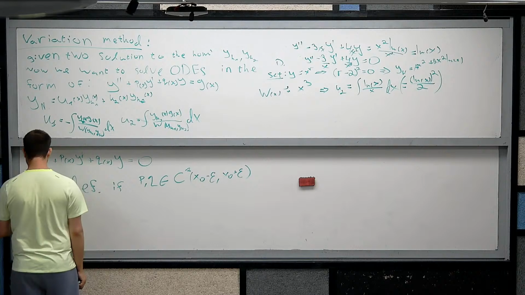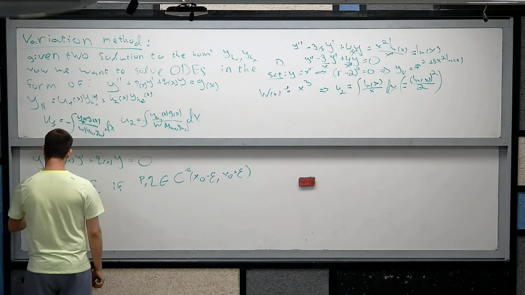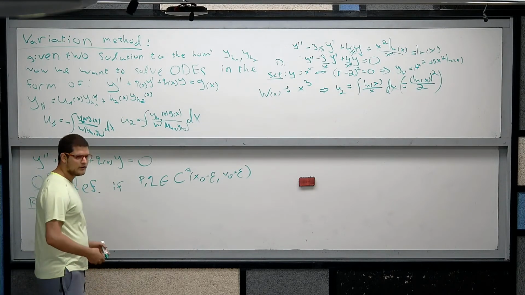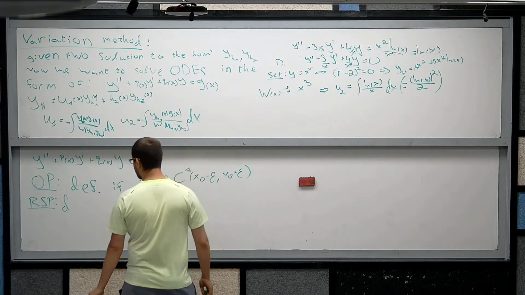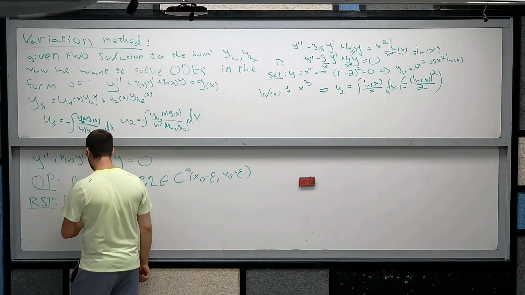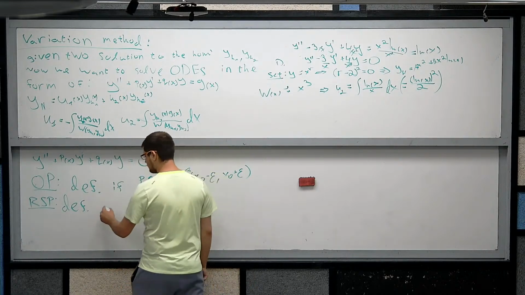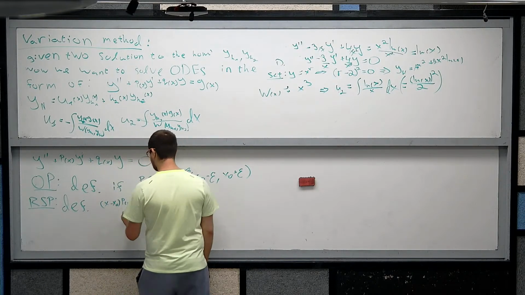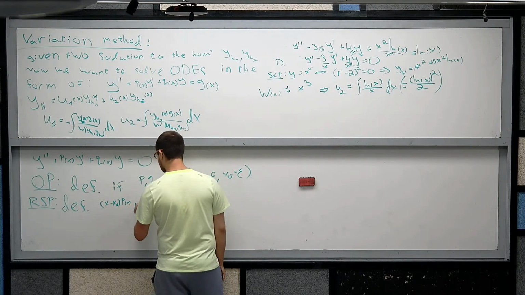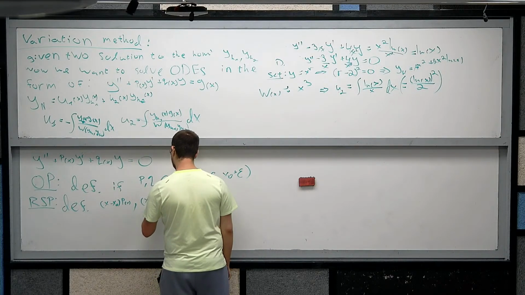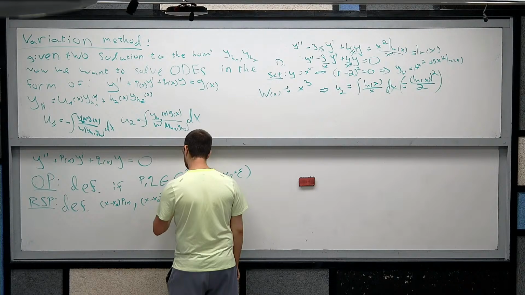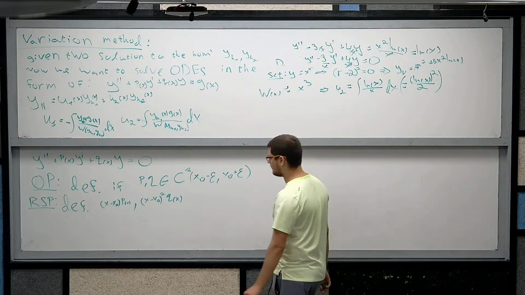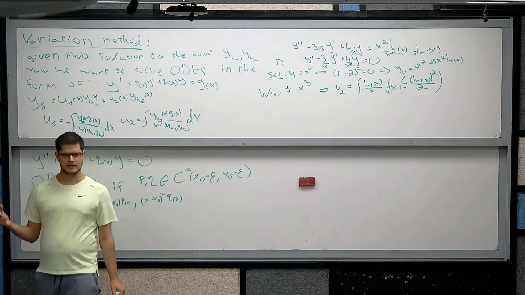So now let's talk about regular singular points. What is that? A point x0, but now we want x minus x0 times p of x and x minus x0 squared times q of x to be analytic in a small environment around x0.